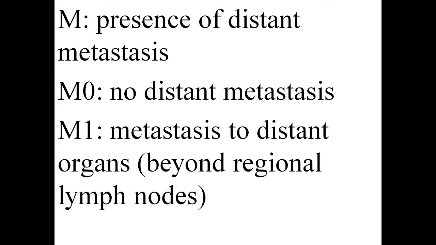Next, letter M. Letter M means the presence of distant metastasis, and is divided into two groups. M0, no distant metastasis, and M first, metastasis to distant organs beyond regional lymph nodes.